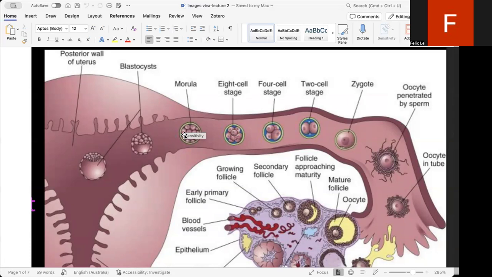the zygote stage. And what happens is you have cell division, so you have 2 cell, 4 cell, and 8 cell. Now let's differentiate mitosis and meiosis.